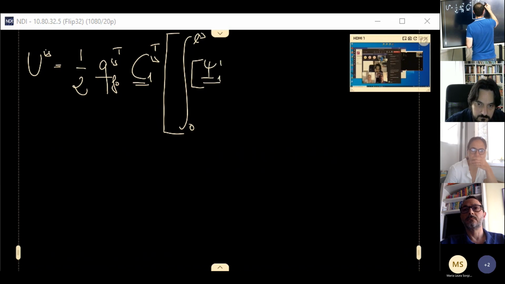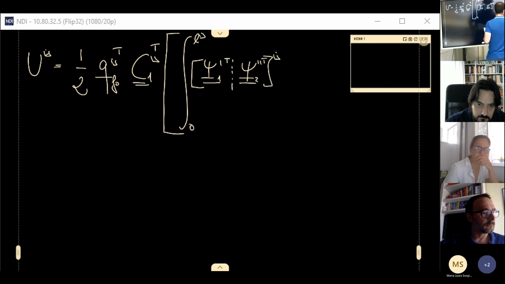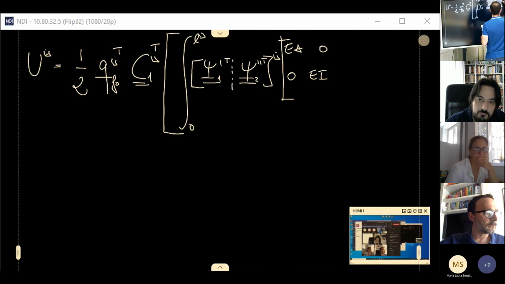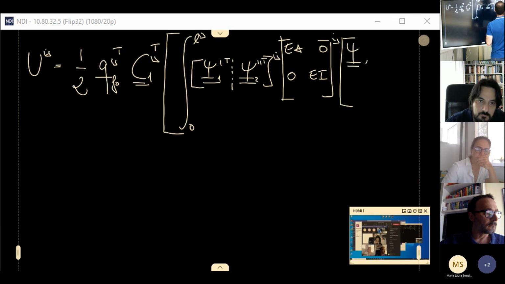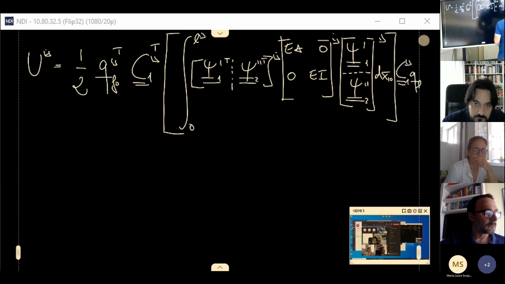C1 prime transposed, C2 double prime transposed ij, times EA 0, 0 EI ij, applied over C1 prime, C2 double prime ij in the x10, all of this being multiplied by C1 ij and qf0 ij.